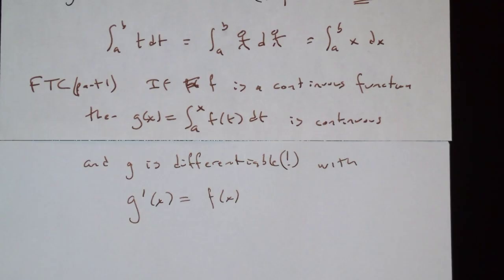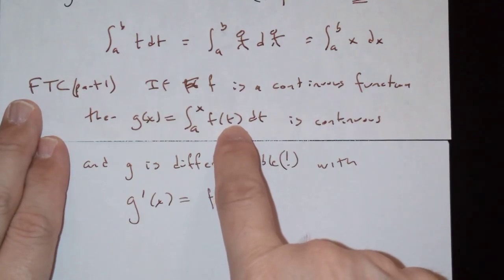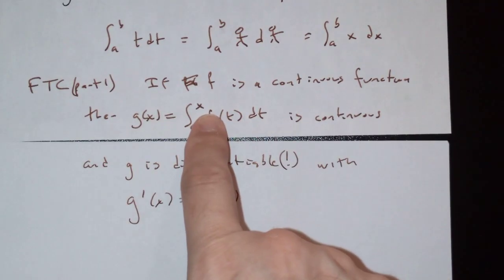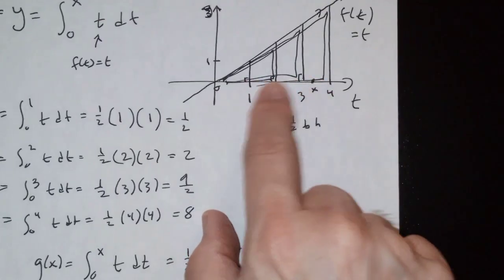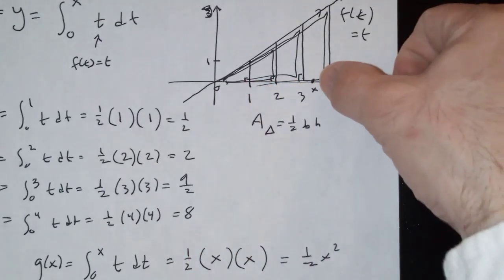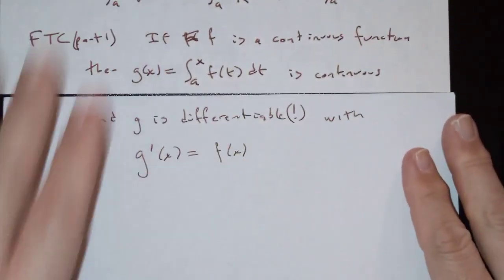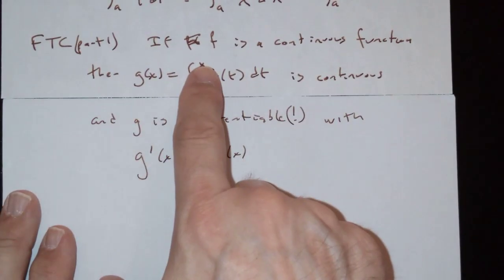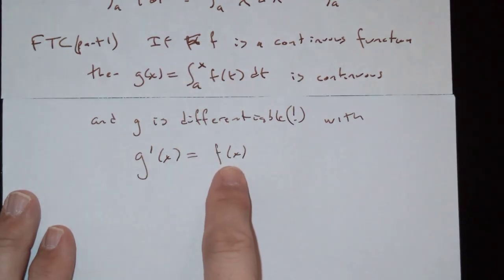So if an integral adds up all these changes, when I take the derivative, I should get the thing that is changing, and that's the thing that's in here. And I should get it at the end that is changing. Up here, we were changing this right end. So when I took the derivative, I took it here at the right end. And thus this x is our upper end, is what ends up in here.